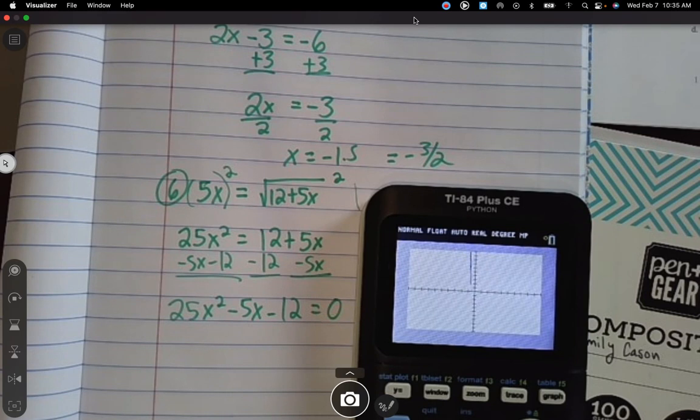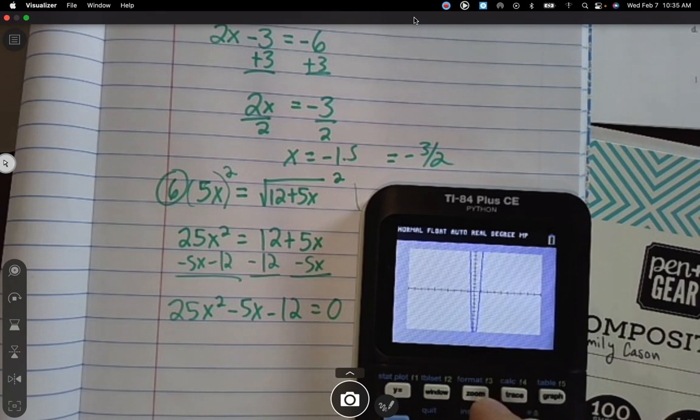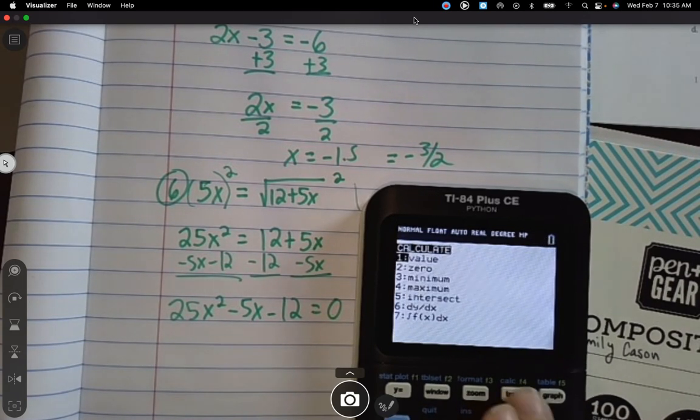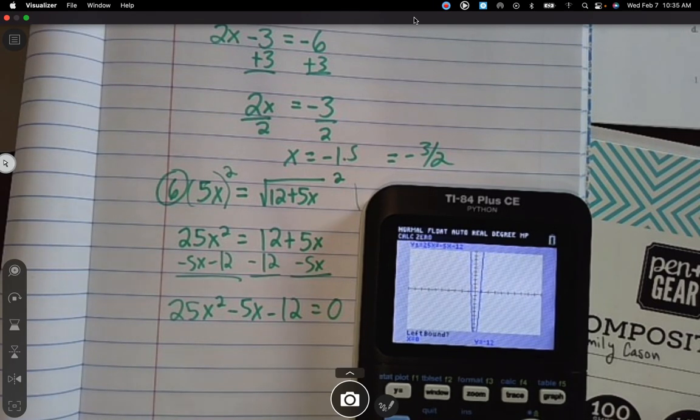I'm going to graph it. Oh, there they are. Okay, and I'm going to find my answers. Y'all see the 2 zeros right there? Yeah? So I'll do second trace, number 2. And let me go to the left. Oops.